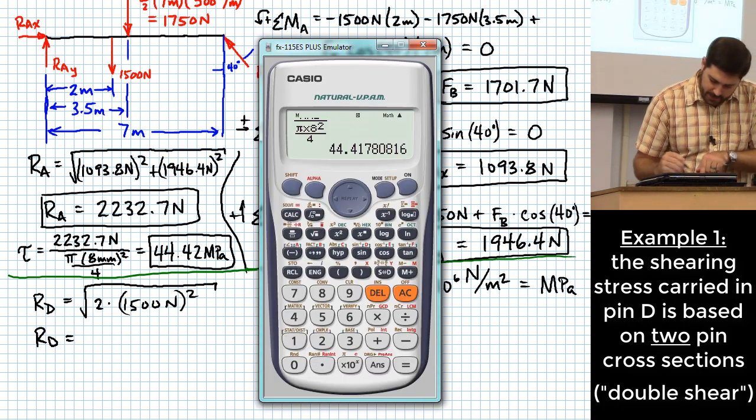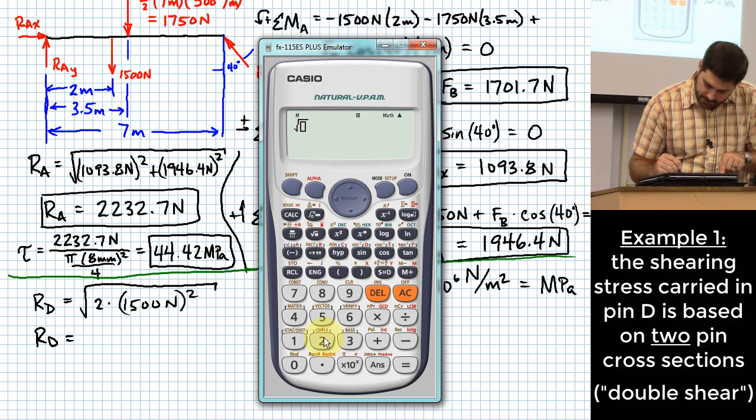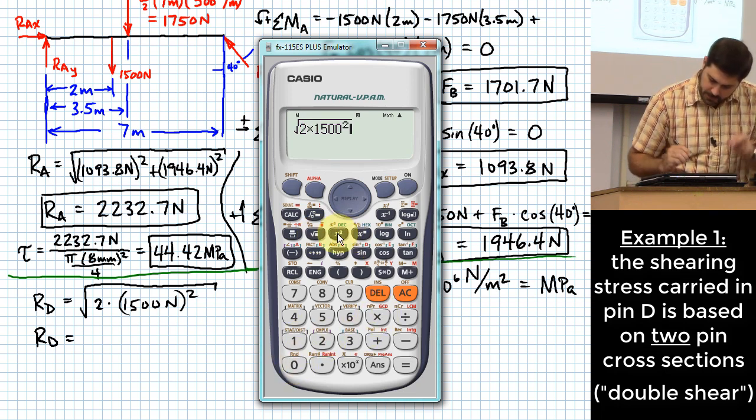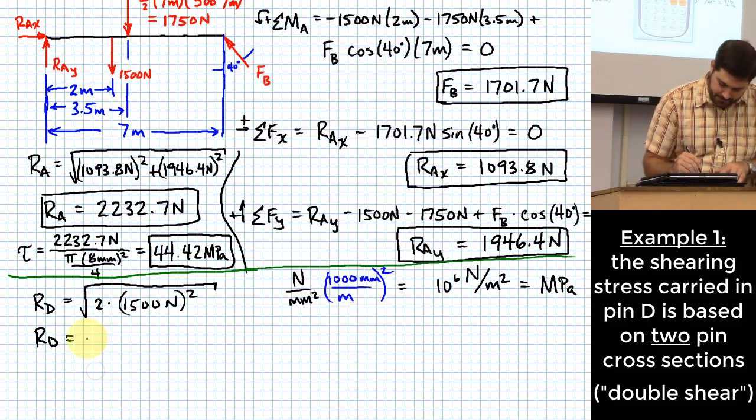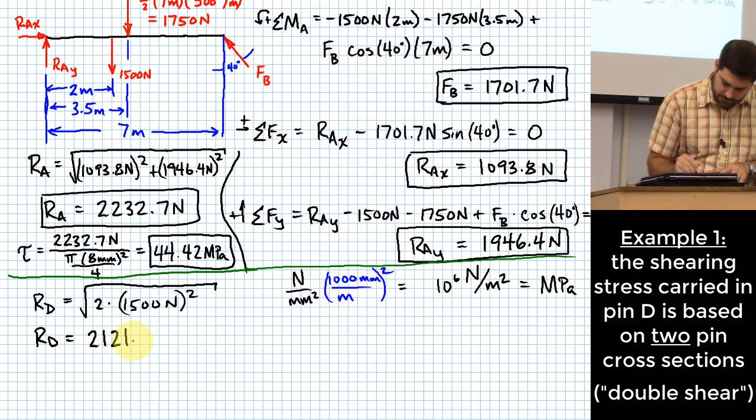So let's get that in here. Square root of 2 times 1,500 squared. 2121.3 newtons.